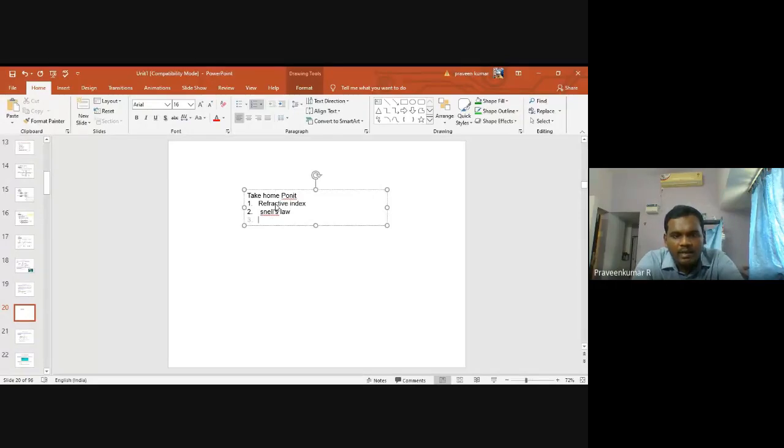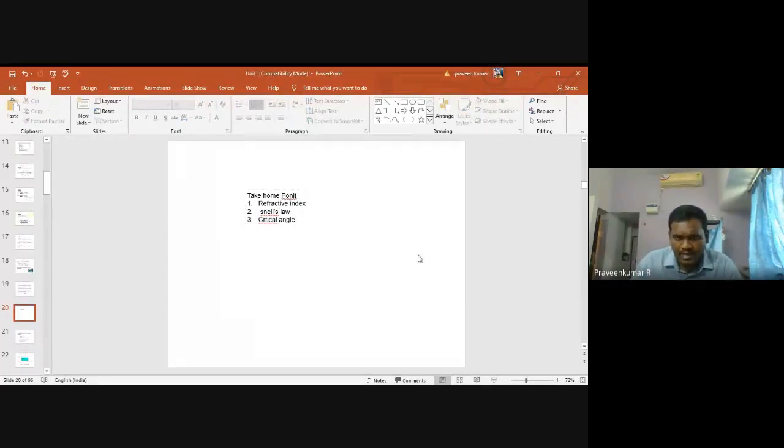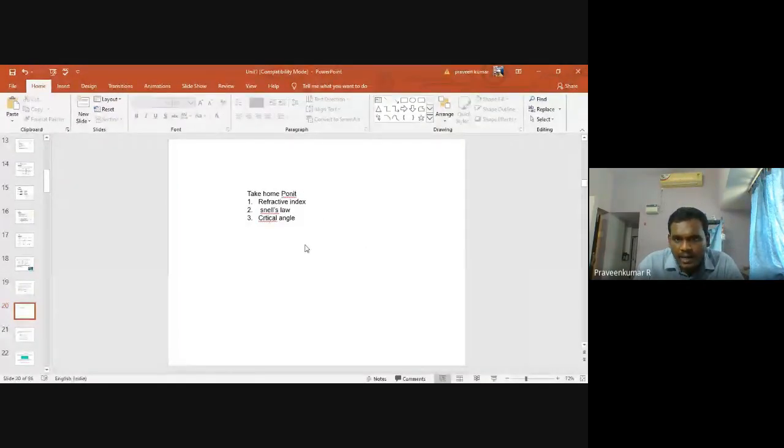Then we have the critical angle. One is the refractive index, what a refracted and a reflected signal are, then Snell's law and the critical angle. So I will stop here. These are the three important take-home points of today's session.